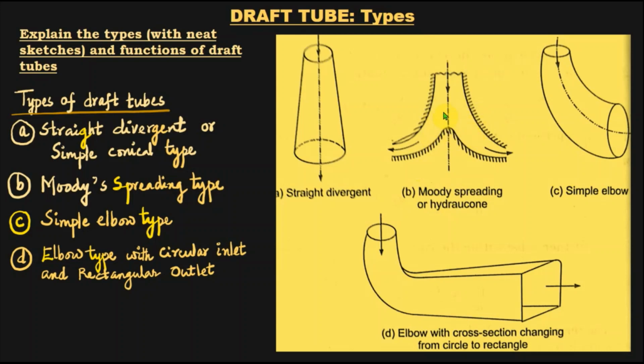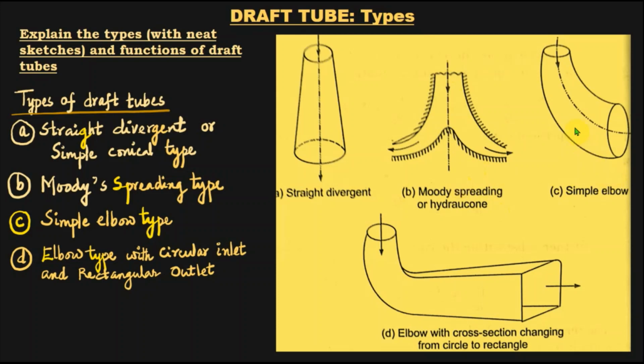So, this type of draft tube is used when the whirl component of velocity at outlet of the turbine runner, that is VW2, is not equal to 0. So, when the water discharged possesses whirl component of velocity, we use this type of draft tube. And this is also an efficient type, and the efficiency rating is around 85%.